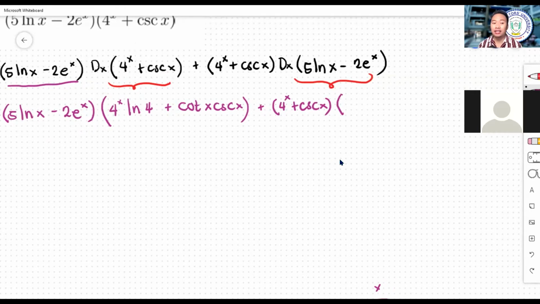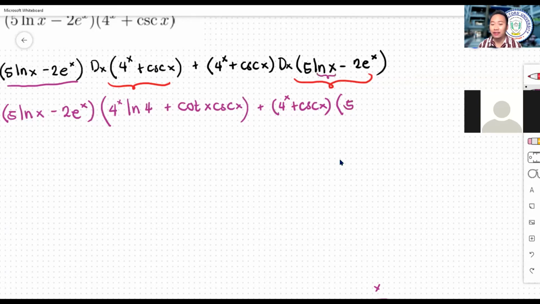Guys, if you see a constant, you just have to copy that constant and then multiply it with the derivative of the next term. That's going to be 1 over x. Minus, you see a constant with 2e to the x. You copy that 2. And then what is the derivative of e to the x? It's just e to the x.